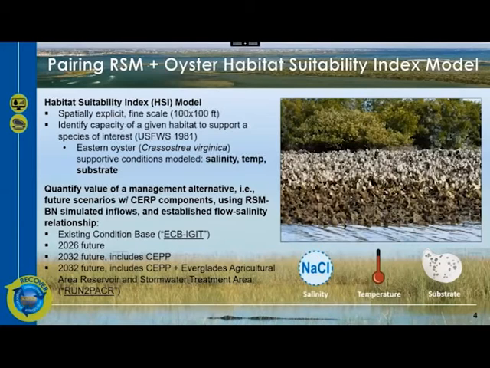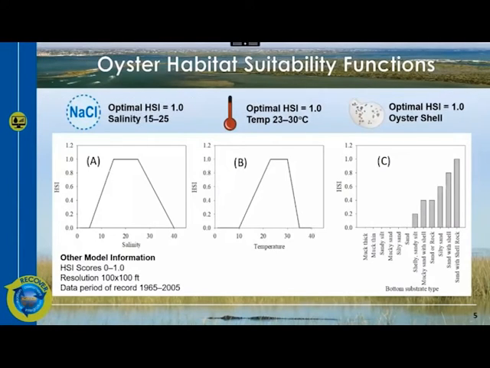These RSM basin model outputs include simulated flows in each of these scenarios, and established flow salinity relationships from measured historical data allows us to plug the RSM model results directly into our oyster HSI model. So here are the oyster habitat suitability functions that go into the HSI model formula.